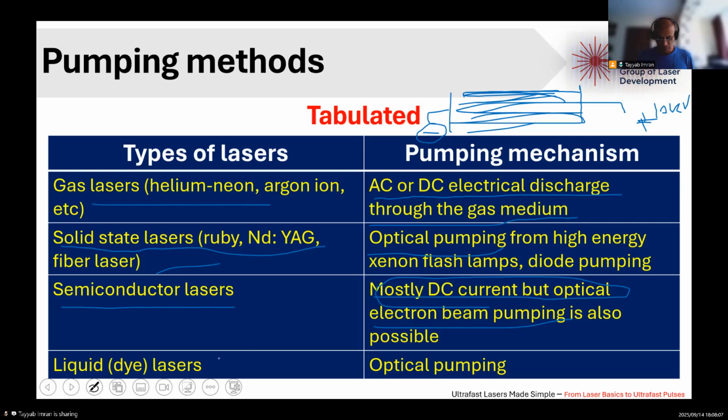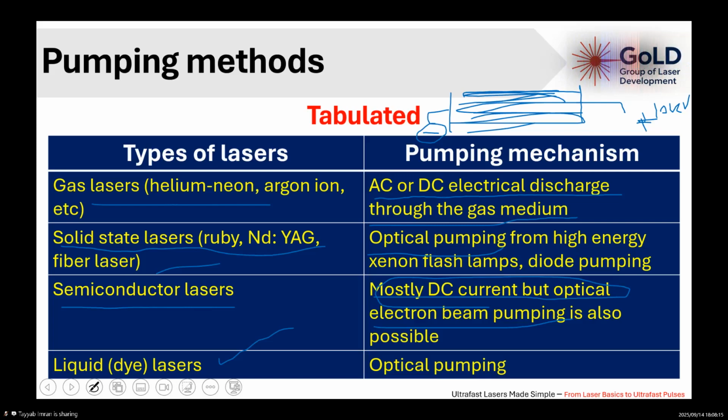The last one in the table is the liquid dye laser. A dye laser is usually optically pumped, because it's a liquid, light can pass through it, and you cannot use AC or DC electric discharge.